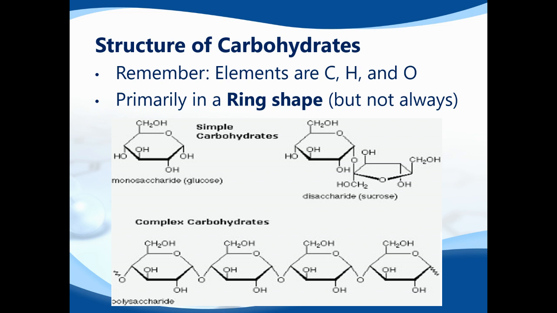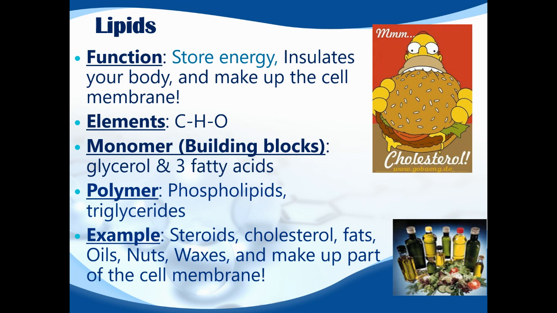As you can see, the OH group is attached to four separate positions, and the carboxylic acid group is attached to another position. This is a monosaccharide, this is a disaccharide, sucrose, and this is a long chain of monosaccharide units attached together, a complex carbohydrate or polysaccharide.